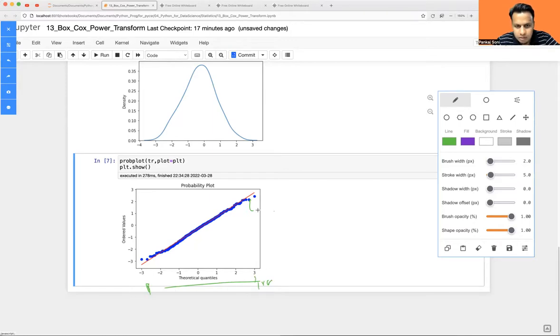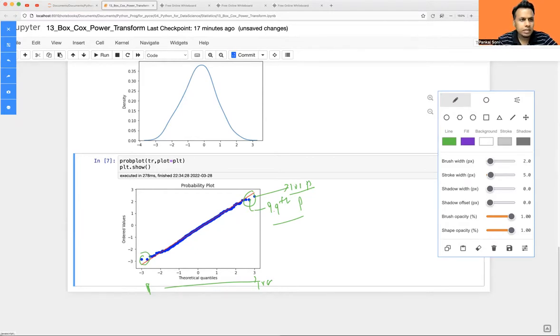So this is the last value, so I can say this is the 99th percentile value, and this is the 100th percentile value. So only 2 or 3 data points are not overlapping with the middle line. But as I mentioned earlier also, as you increase the number of samples, your data will be falling exactly on the line.